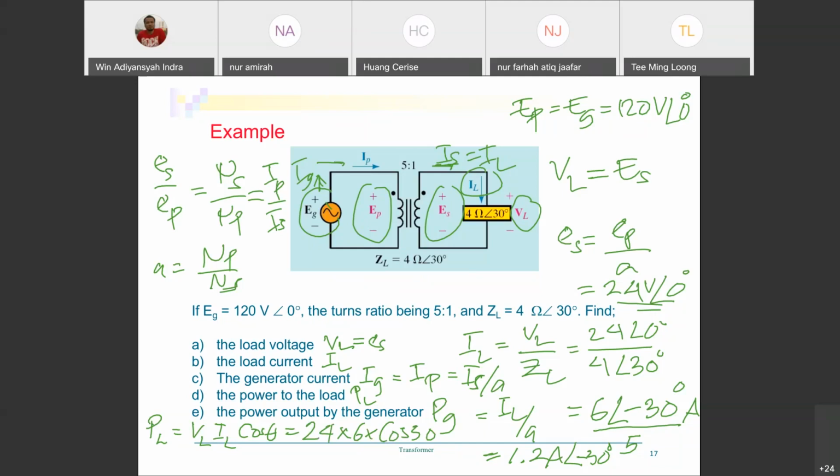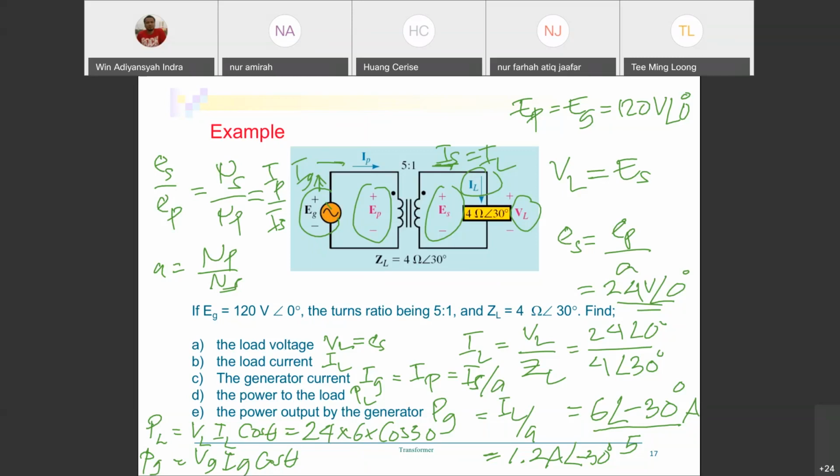Next one is PG. The formula is the same. So PG is basically VG, IG, cos. EG is 120, right? IG is equal to IP just now in C, which is 1.2. What about the degree?